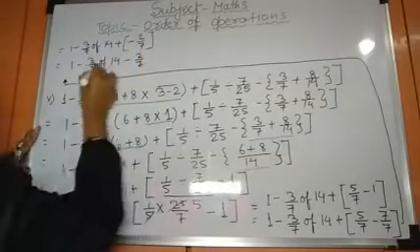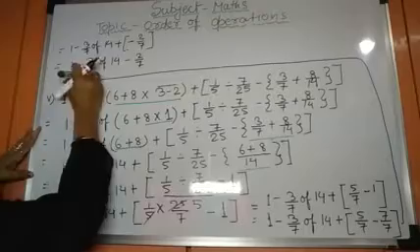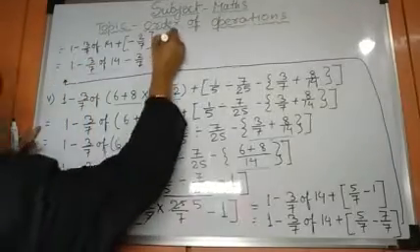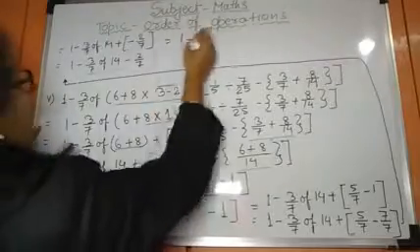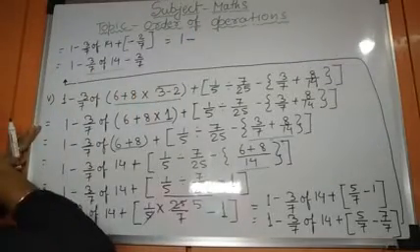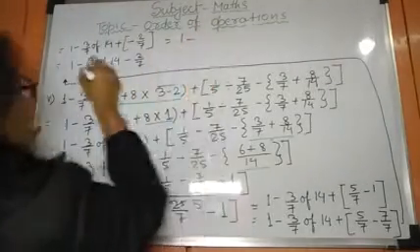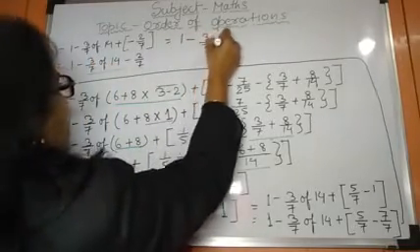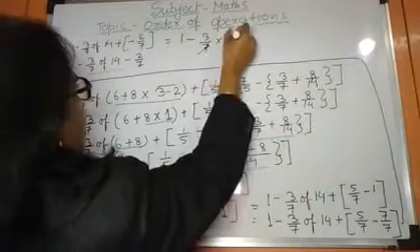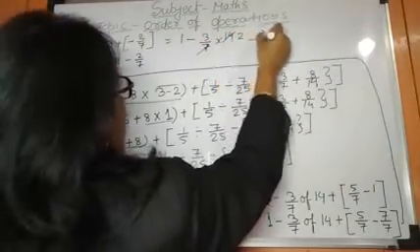Now we will do this work first. So the answer will be 1 minus 3 upon 7 multiplied by 14. 7 2s are 14, so that is 6, minus 2 upon 7.